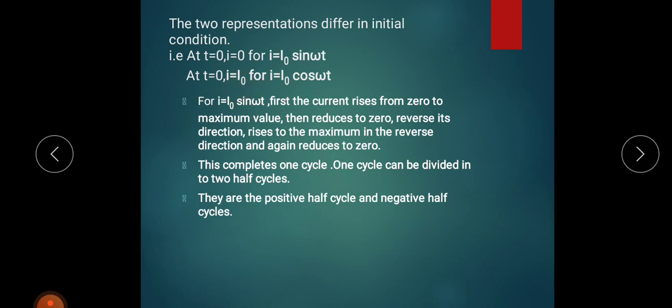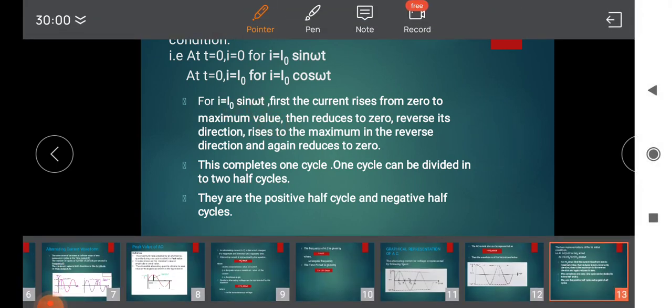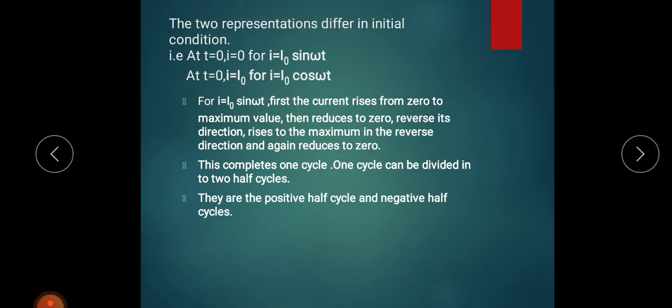For I is equal to I naught sin omega t, first the current rises from 0 to the maximum value, then it reduces to the 0 value and reverses its direction.